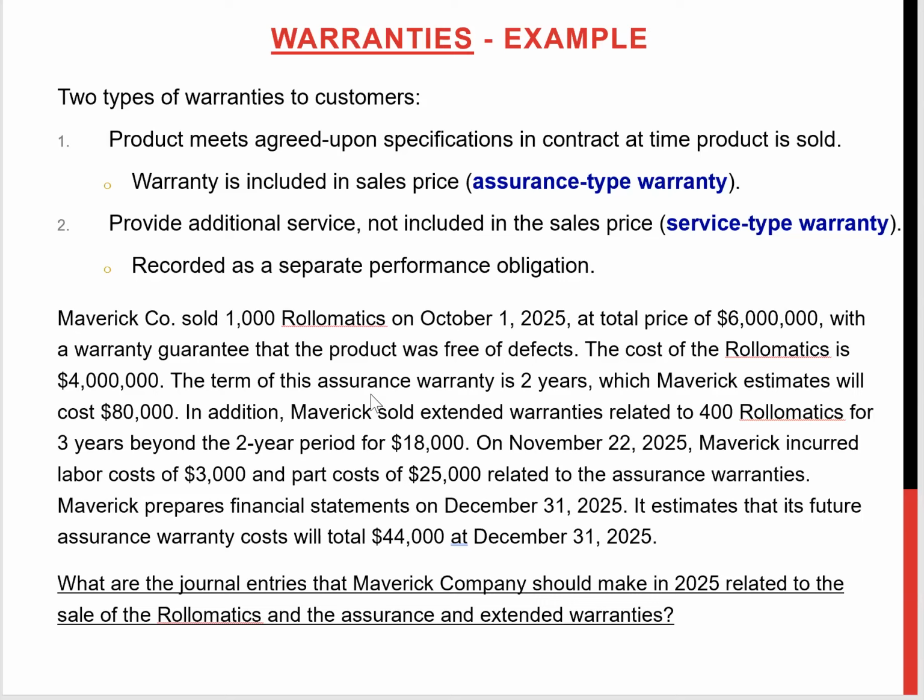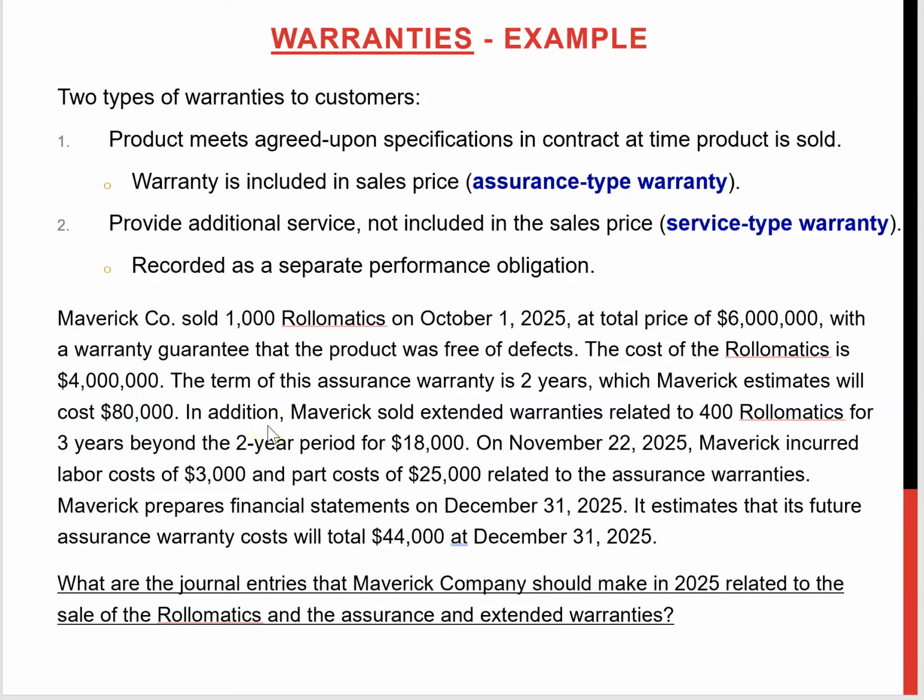For the first 2 years the customer does not need to pay anything, but since it's free of defects, if anything happens, Maverick is obligated to replace the parts or provide the warranty service. Maverick also estimates that this assurance type warranty cost will be $80,000.